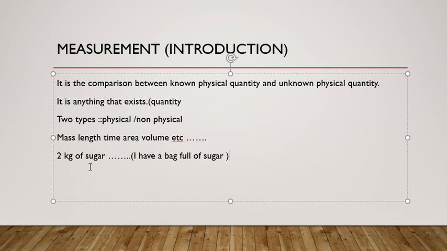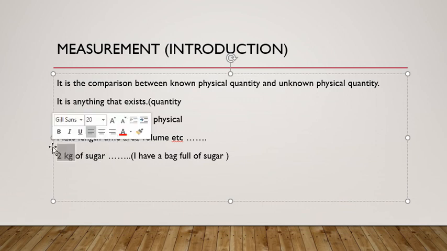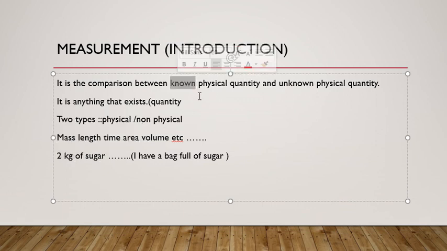But in this case we have 2 kg of sugar. The mass of sugar is classified. The sugar is of 2 kg. It means the sugar is a physical quantity, and 2 kg refers to a known physical quantity. But in this case I have a bag full of sugar.